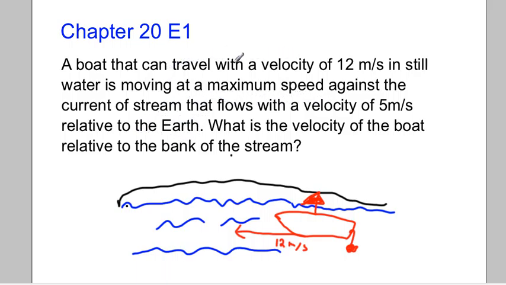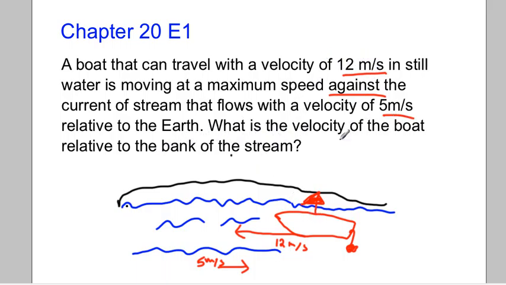So it's going 12 meters per second against the current. The current is going at 5 meters per second. So the water, the current, is going 5 meters per second that way, relative to the earth. What is the velocity of the boat relative to the bank of the stream?